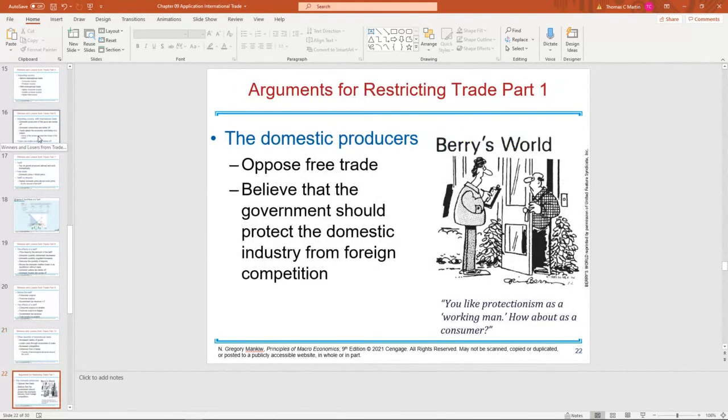Argument for restricting trade, part one. The domestic producers oppose free trade because there's going to be additional competition to them, especially if the world price is below their domestic price. And they believe the government should protect the domestic industry from foreign competition. Well, we trade with everybody in the world.